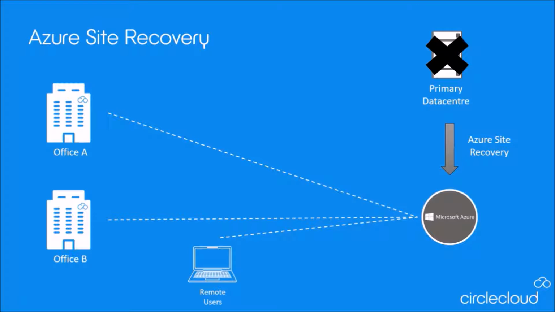The really key point to make around this solution is the fact that you only pay for a replication service, so you pay a fee per server to actually replicate your virtual machines or your physical servers to Azure, and you don't pay for the compute resource, the equivalent to paying for the actual servers, until you actually fail over to Azure.